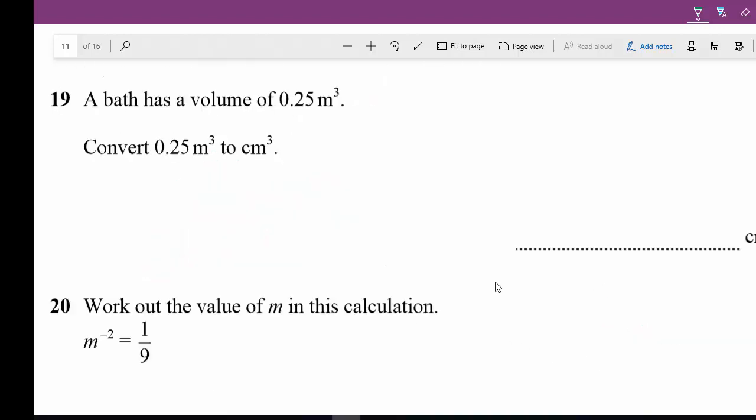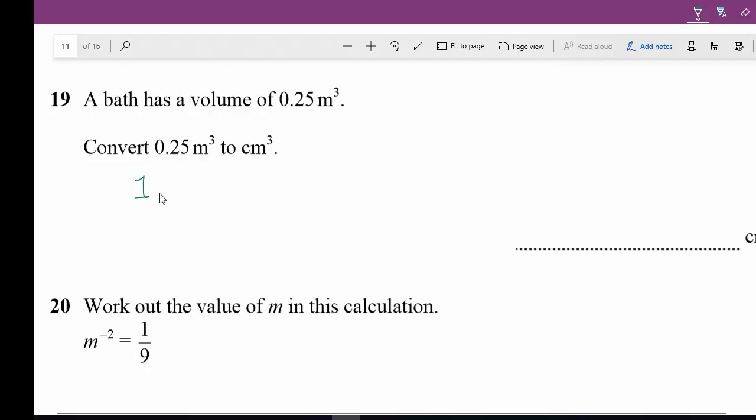A bath has a volume of 0.25 meter cubed. Convert this 0.25 meter cube to centimeter cube. Whenever you have conversions like this for square units, for cubic units, follow these steps.